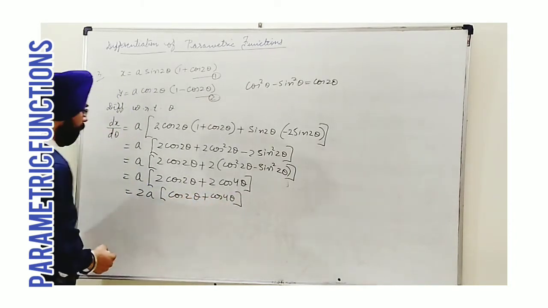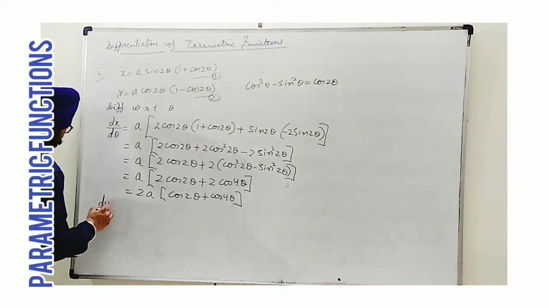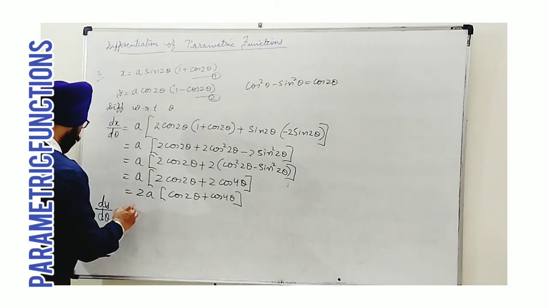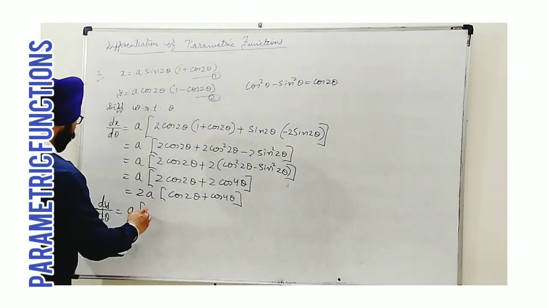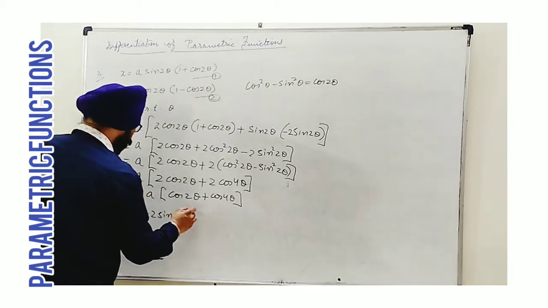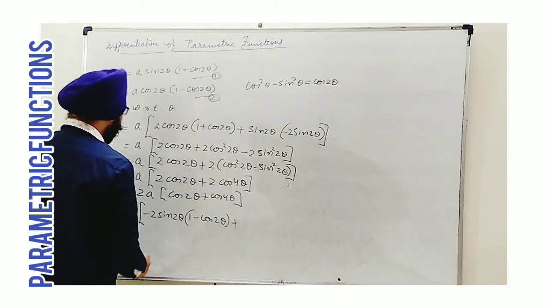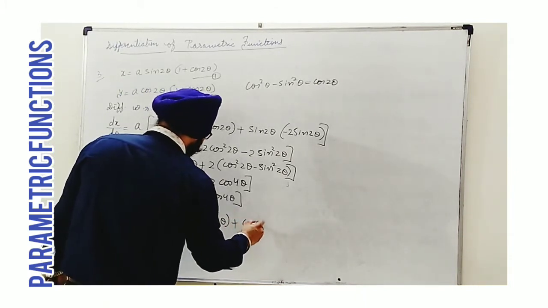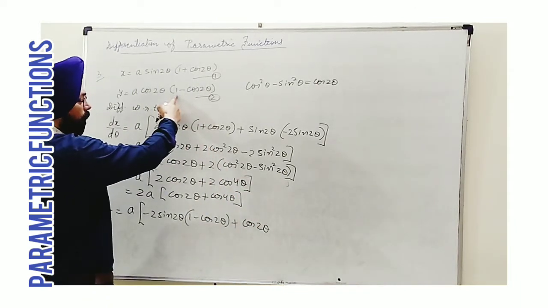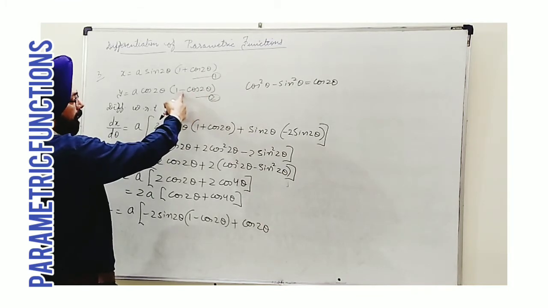Similarly, we are going to differentiate the second equation to get dy by d theta. We get again by product rule cos 2 theta as minus 2 sine 2 theta, 1 minus cos 2 theta as it is, plus now cos 2 theta remains as it is. We differentiate the bracket. Here 1 turns 0. Cos 2 theta will get minus 2 sine 2 theta, to make this minus as positive.